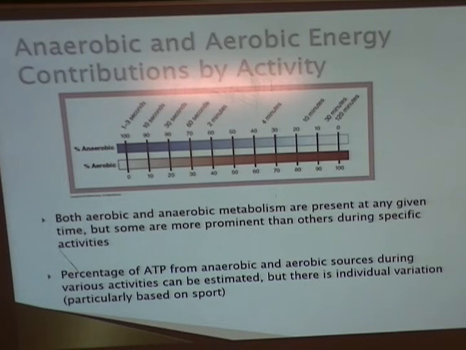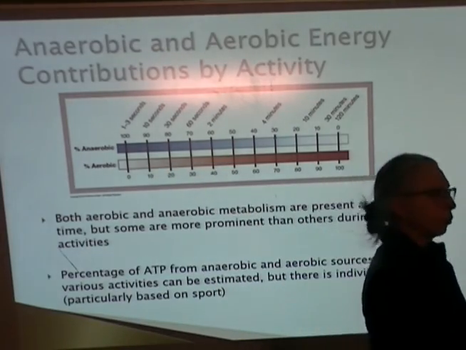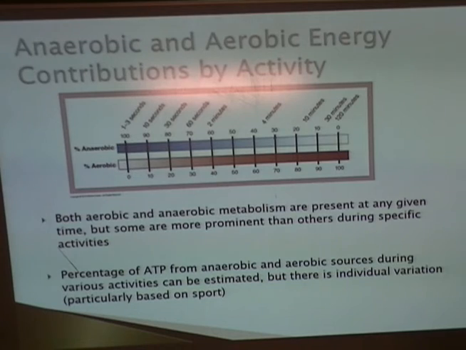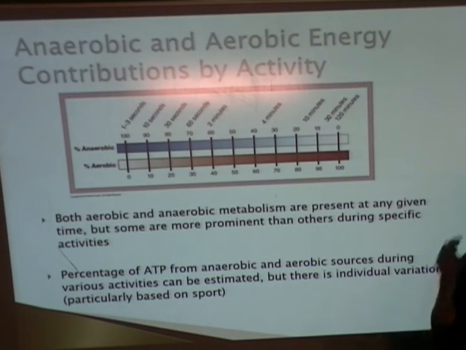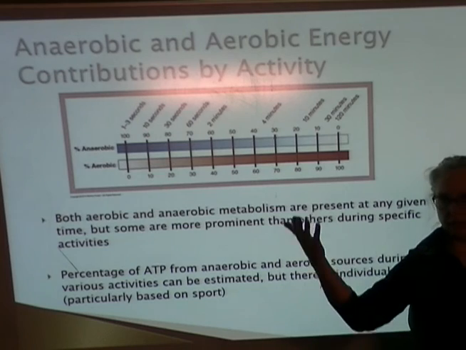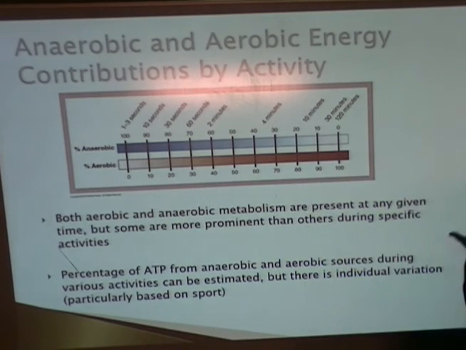So one of the things you want to start thinking about is specificity of training is crucial if you want to see changes in performance, right? So you want to work out what's the percentage of aerobic work necessary to perform in this sport, and what's the percentage of anaerobic work. So let's say it's 80% anaerobic and 20% aerobic. Then your training program should be set up on an 80-20 ratio.